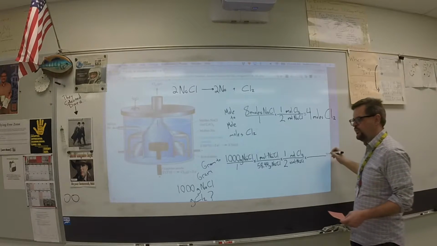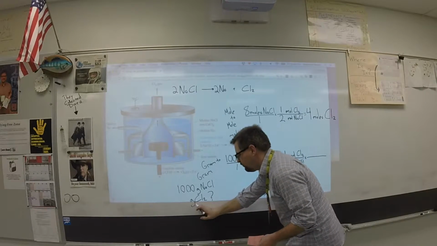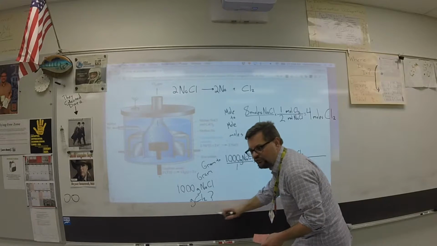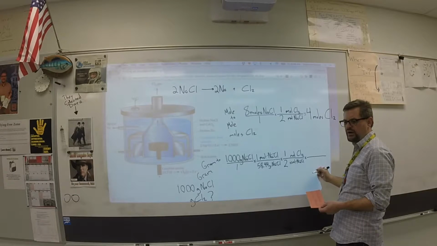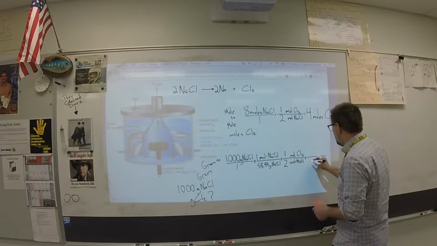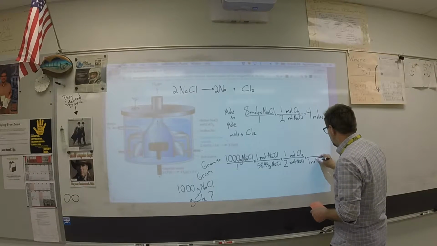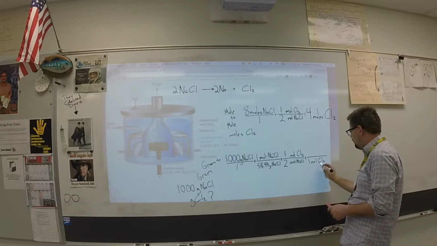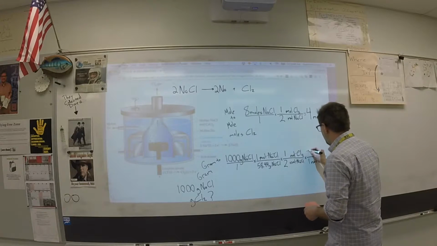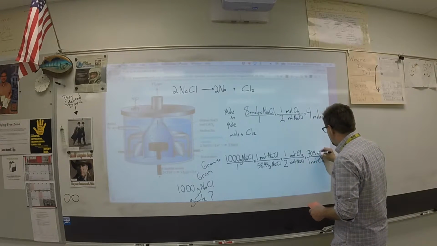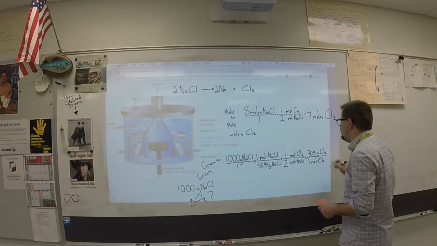Final step then, we want to know how many grams of chlorine we're going to get out of this reaction. So I need to multiply by chlorine's formula mass. 1 mole of chlorine, and this cancels out moles of chlorine, is equal to 70.9 grams of Cl2.